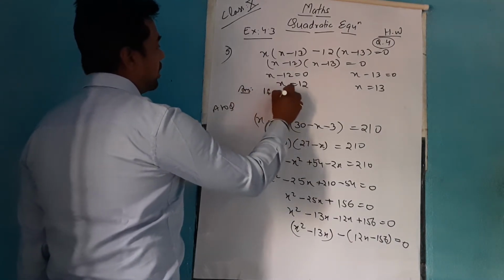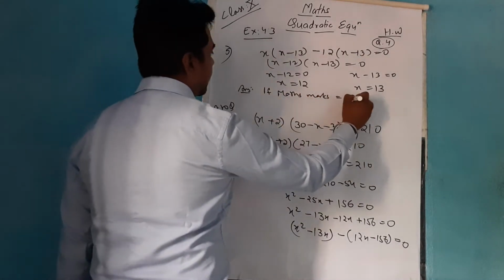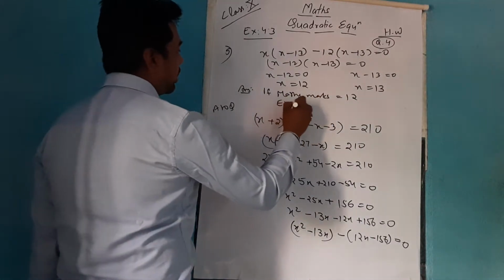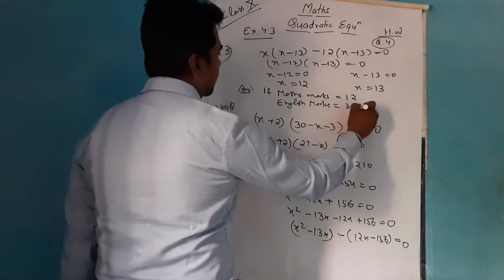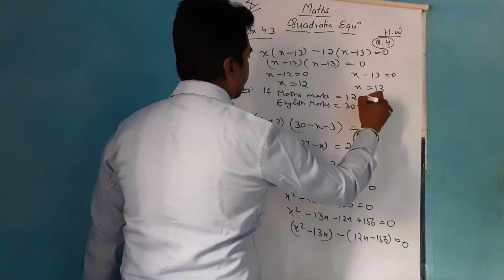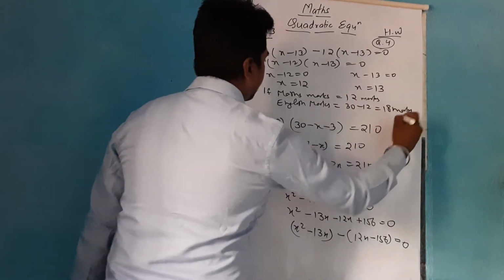If you take the math marks as 12, then the English marks will be 30 minus 12, which equals 18.